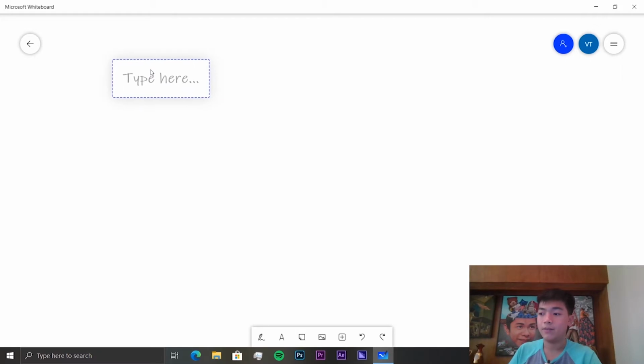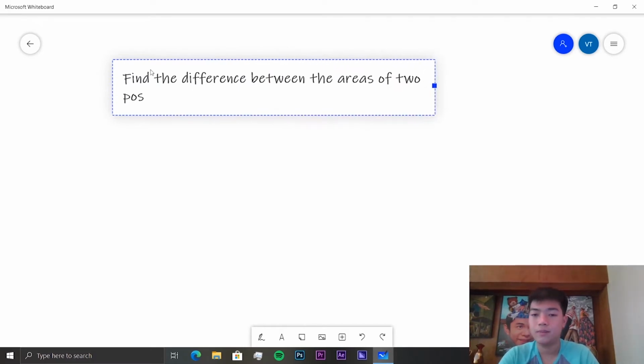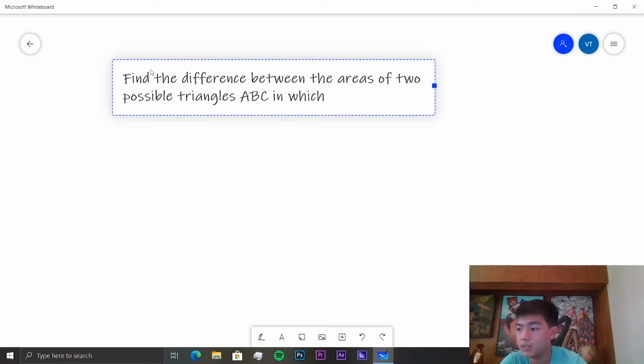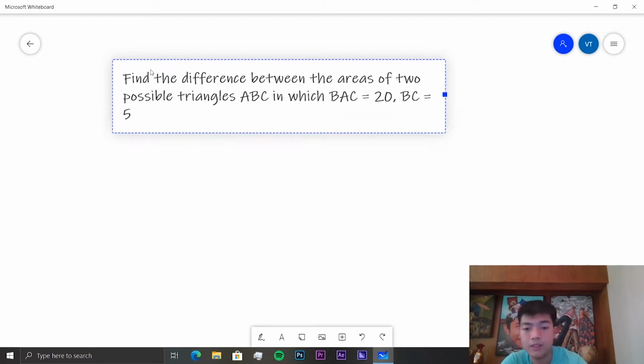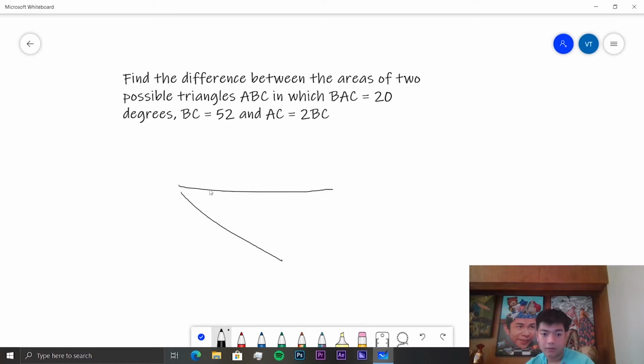So the first question we have, I'll do the even ones, is find the difference between the areas of two possible triangles ABC in which BAC is equal to 20, BC is equal to 52, and AC is equal to 2BC. Oh, BAC is 20 degrees. So let's draw out our triangle. So we have BAC, let's say this is 20.